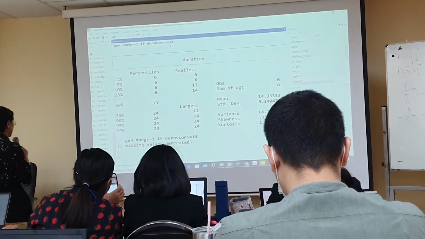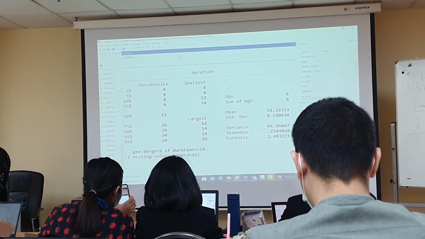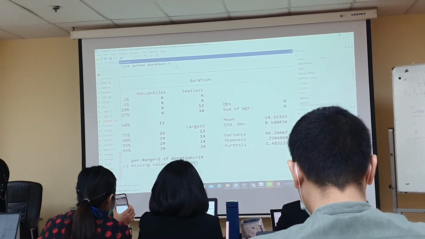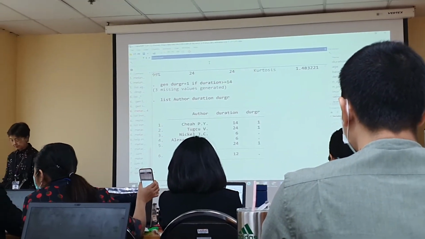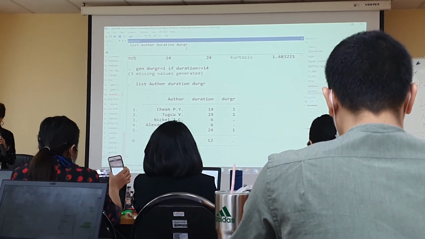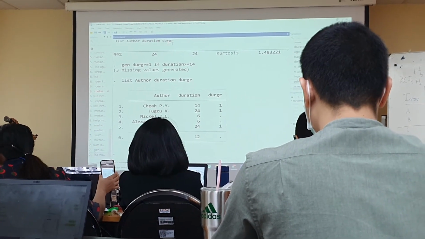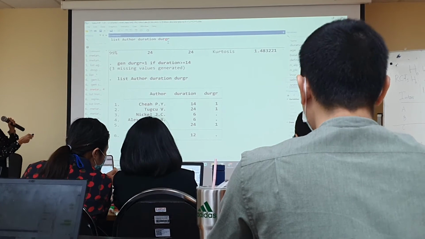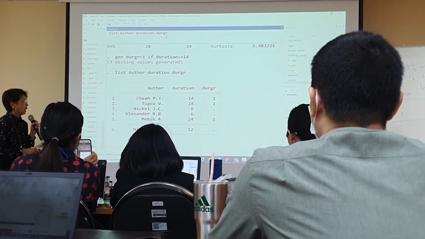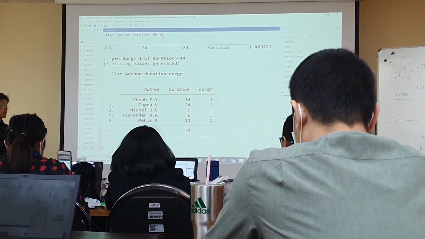If you list the original variable duration and the new variable that we just generated, you can see that 14 equals 1, 24 equals 1, 24 equals 1, right?